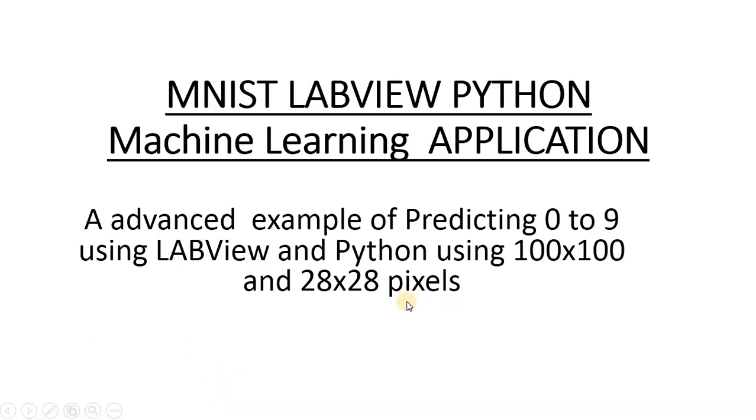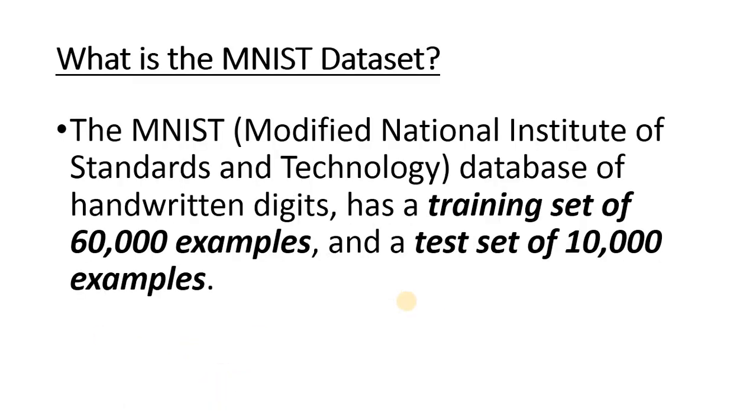Now as you can see on the screen, MNIST stands for Modified National Institute of Standards and Technology. It maintains a database of handwritten digits, has a training set of 60,000 examples and a test set of 10,000 examples.